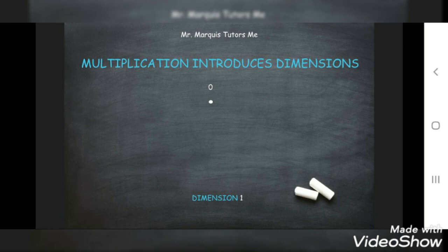This is ground 0. So we take that, and in order for me to actually relate it to life, I say that I am the dot, or you are the dot. And where you are standing is ground 0.